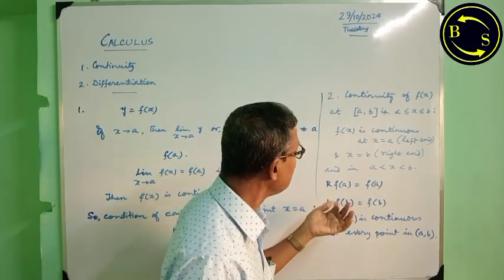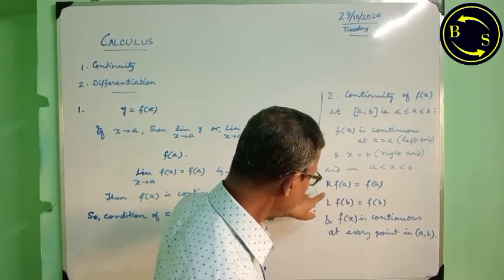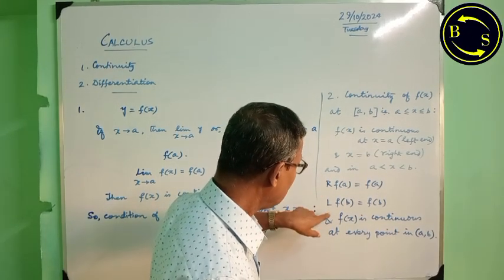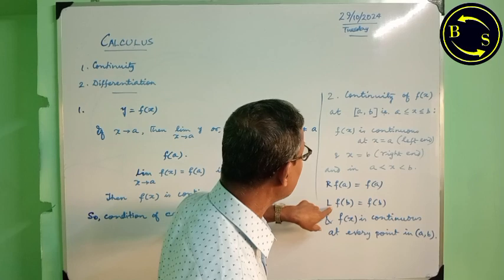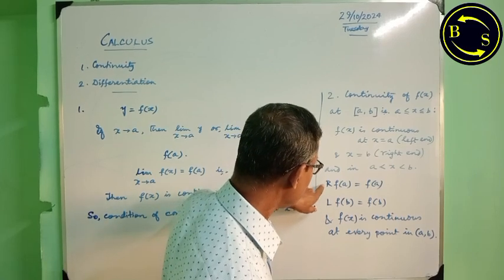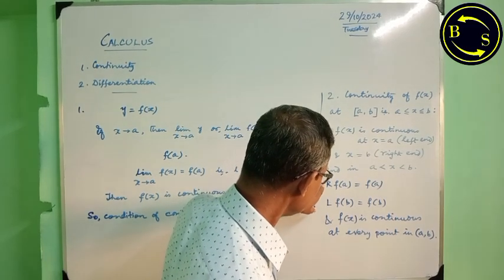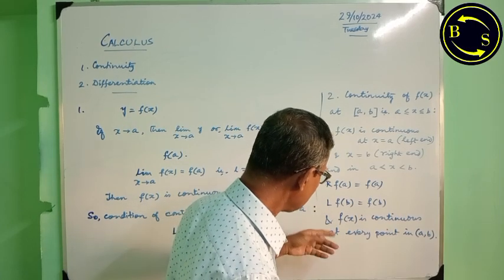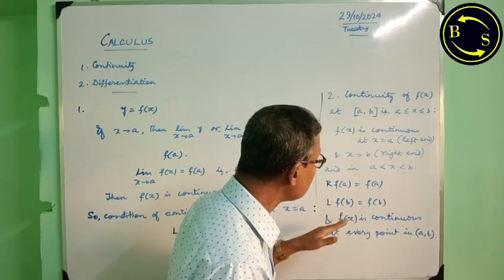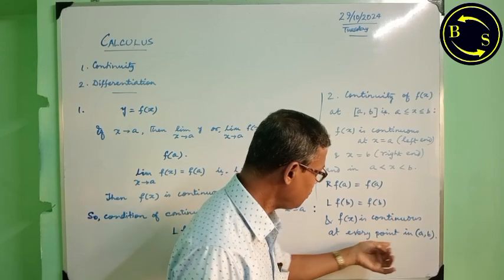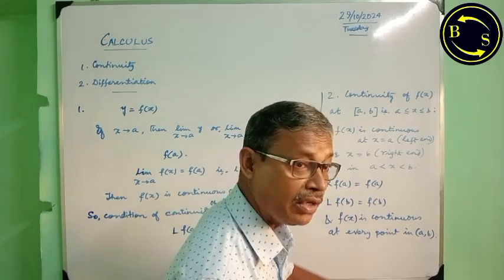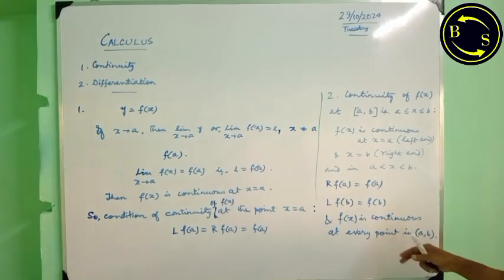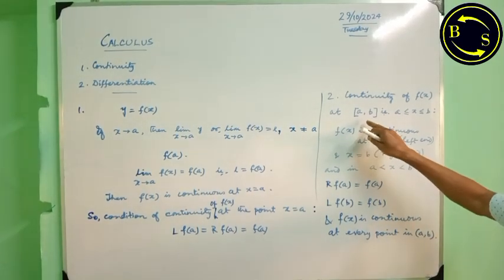The function must be continuous at the left end as well as right end. Also, it is continuous at every point in the interval AB, open interval rather. Then we say f(x) is continuous in the closed interval AB.